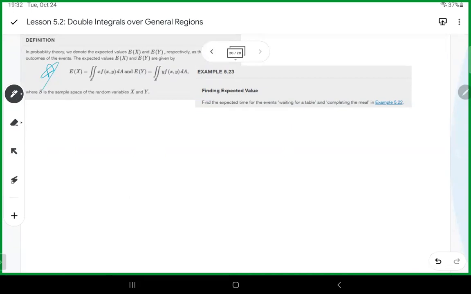So using the first quadrant of the rectangular coordinate plane as the sample space, we have improper integrals for E of X and E of Y, the expected time for the table. So E of X equals the integral of x times 1 over 600, e to the negative x over 15, e to the negative y over 40, dA.